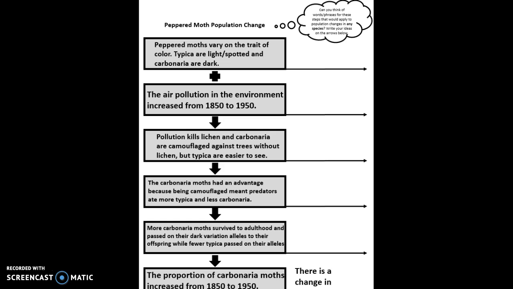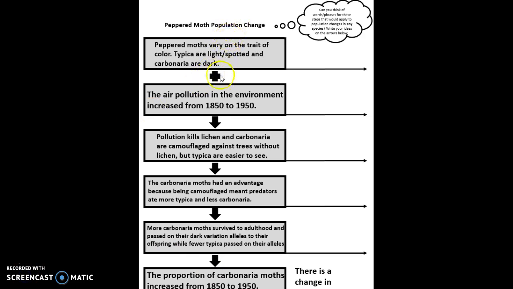And if you are eaten, especially before you reach adulthood, you won't have an opportunity to pass on your alleles or your variations of traits. And so therefore, because fewer typica were living to adulthood and having offspring, passing on their alleles, the proportion of carbonaria moths increased from 1850 to 1950.